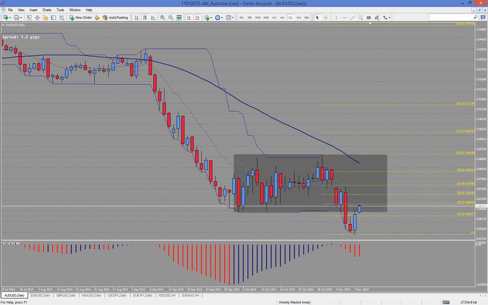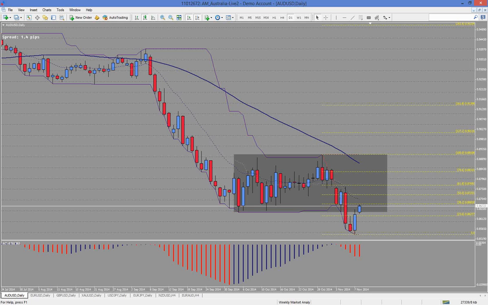Now, the other major factor which is not helping the Aussie dollar at all is the fact that gold has just been plummeting. The Aussie dollar is a currency which has strong correlations with commodities, because we are a commodity producing country, very similar to, say, the US CAD.